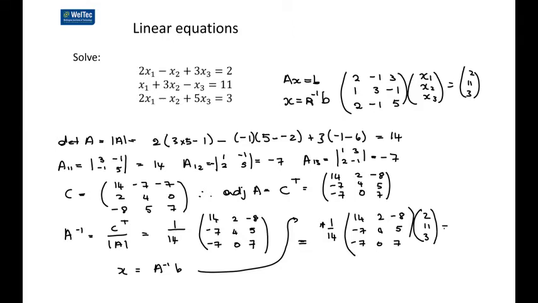Doing the arithmetic, that comes out as negative 1, 5, 3, and from that we can take that x1 equals negative 1, x2 equals 5, and x3 equals 3.